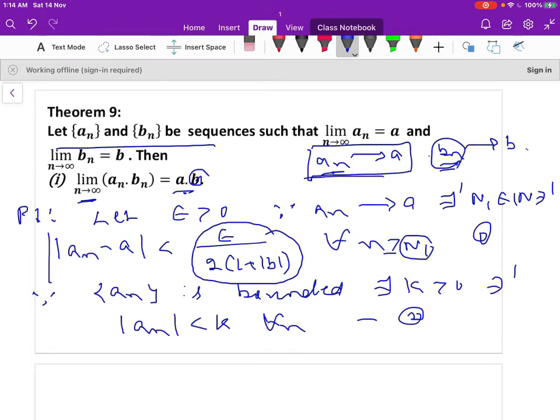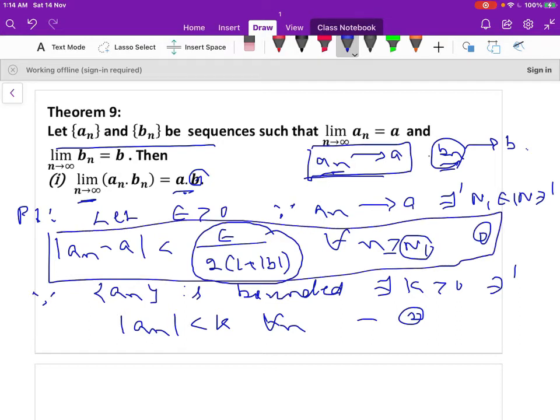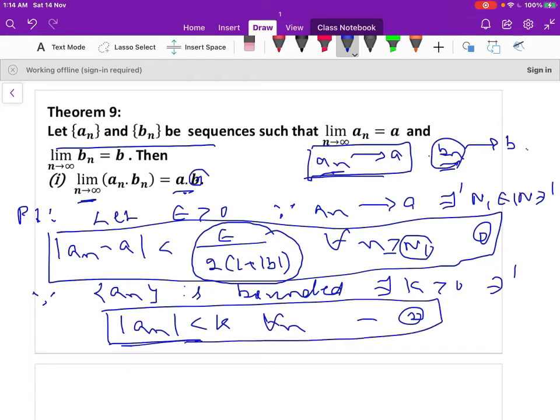So we have considered two cases. Since an converges to a, I have written the definition of the convergence of a sequence. Since an is convergent, therefore an is a bounded sequence, which I defined in equation 2.